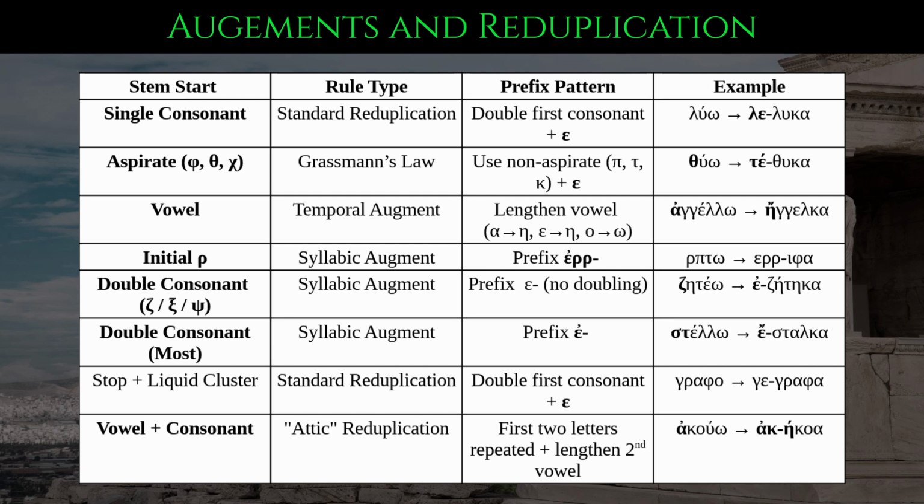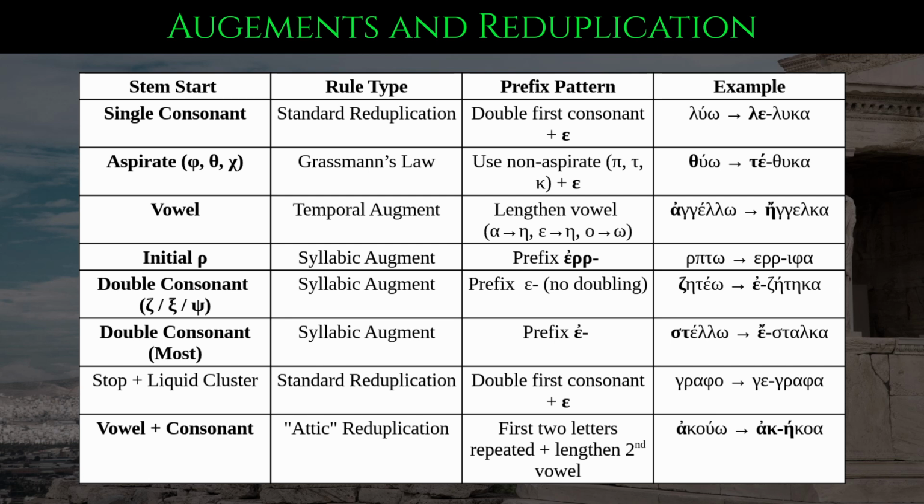Next, we have double consonants. Those are consonants that, while being written with a single letter, still have 2 sounds to them. That would be ts, x, and ps. So, they also have a syllabic augment.